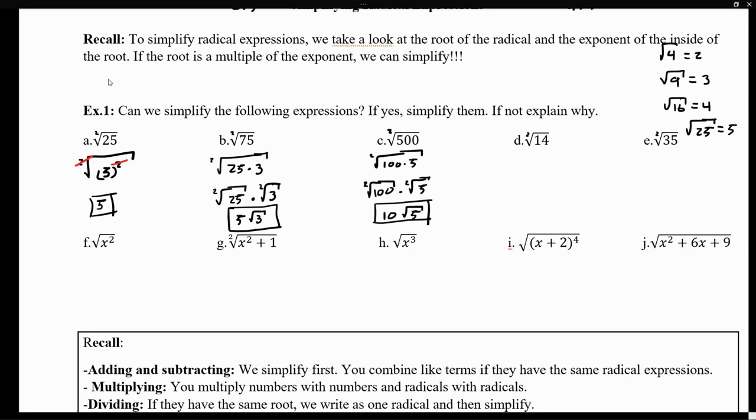And the same goes with 9. There is not a whole number where 9 times something equals 14. There can be a decimal, but we want to use whole numbers here. So notice that 14 cannot be simplified. 14 does not have a multiple of some numbers that we know the square root of. So in this case, we cannot simplify.